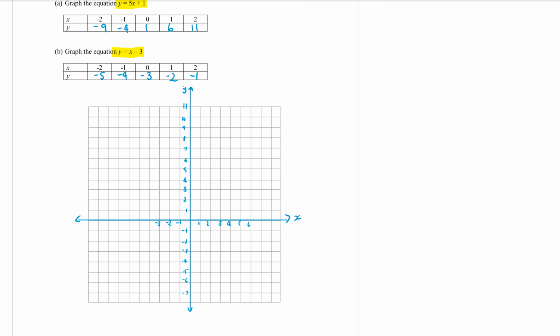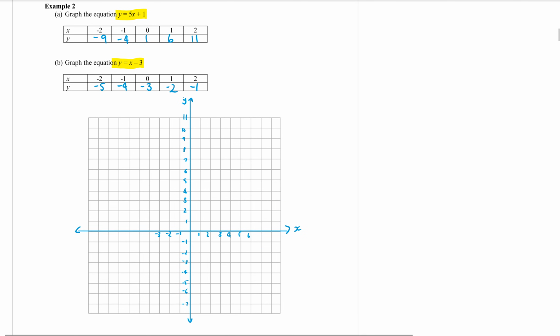All right. So I'm going to plot my first one in green. My first line is 5x plus 1. So x is minus 2, y is minus 9. Oh, I didn't quite have enough room for that one. Minus 8 was here. Minus 9 would have been one below, but let's just leave that one off since it's off my grid there.